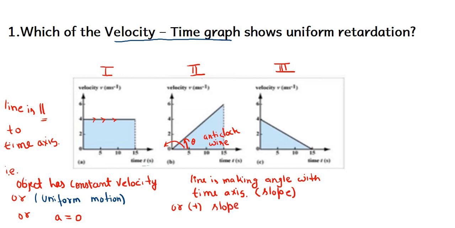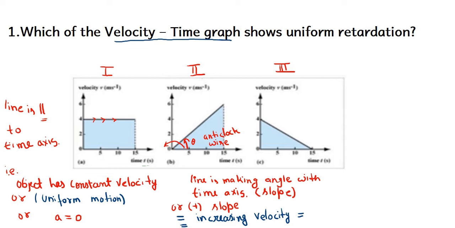Slope positive means object has increasing velocity. That means velocity of object is increasing if we have positive slope. If object's velocity is increasing, that means it has acceleration, student.